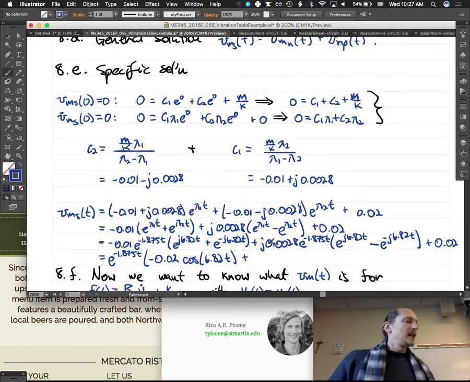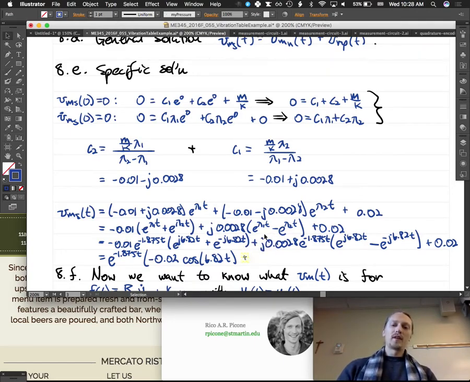Plus, and then the other term here has a j associated with it in Euler's formula, so we get the j's to drop out, but j times j is actually -1, so I'm going to just change the sign here. Minus, and then there's another factor of 2, 0.0028 times 2, times sine.